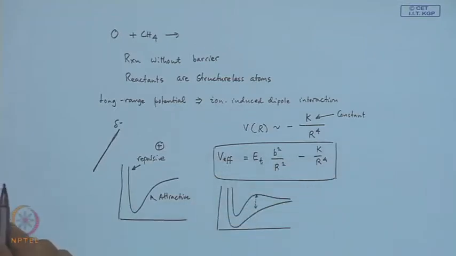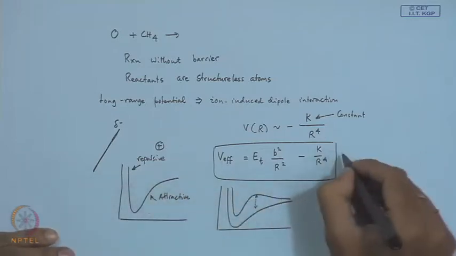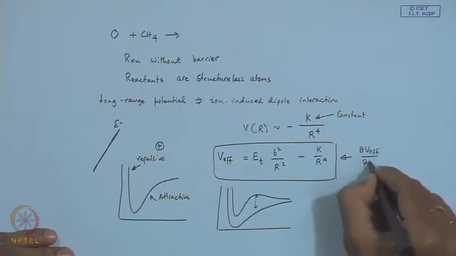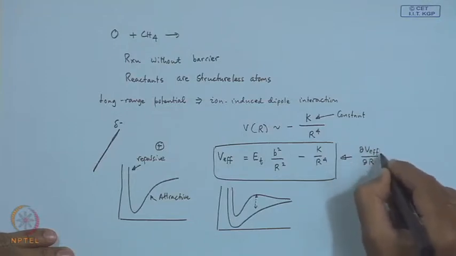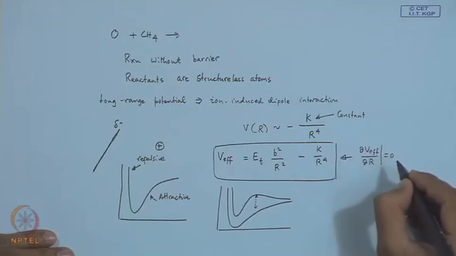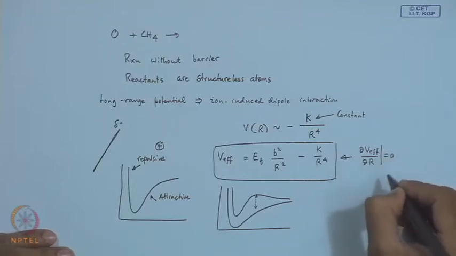Next, we have to put del V effective del r equal to 0. That is, we have to extremize to find the location of the centrifugal barrier.